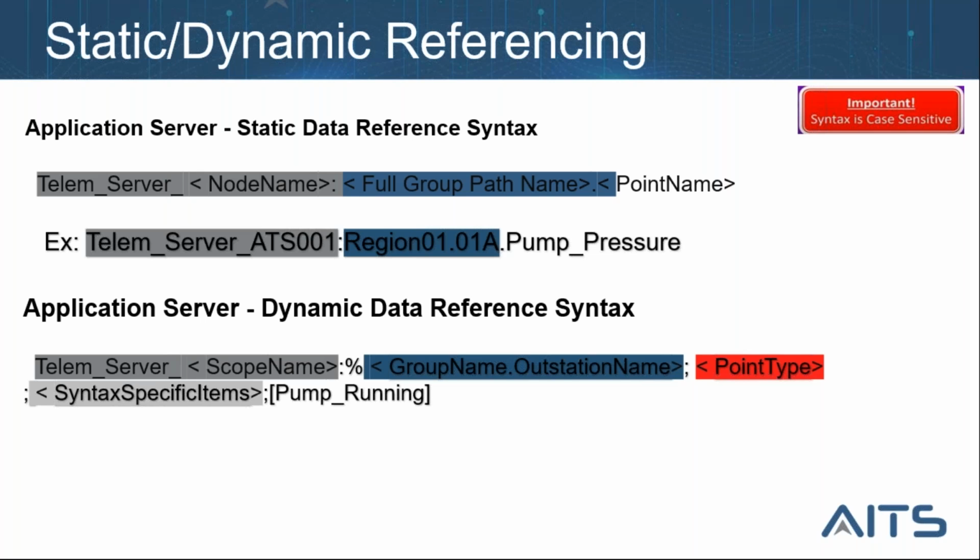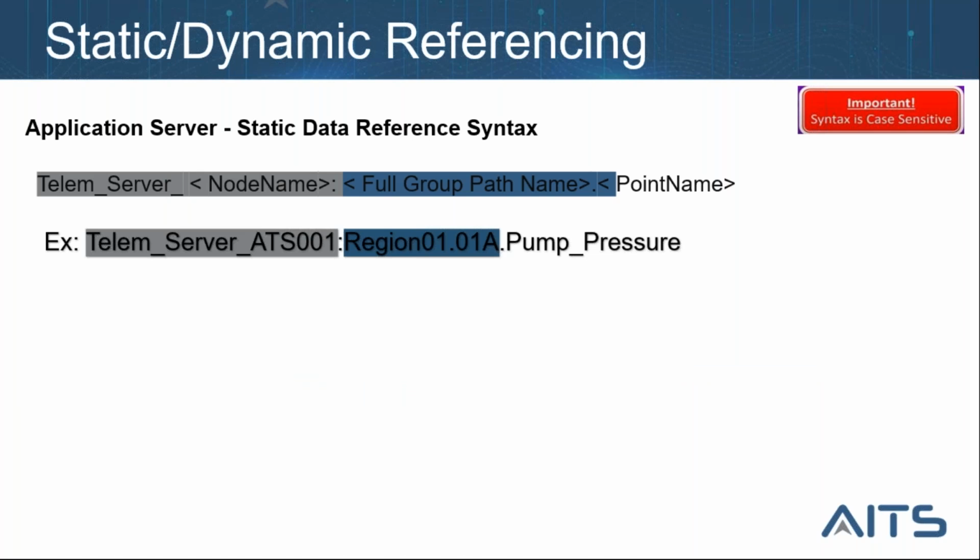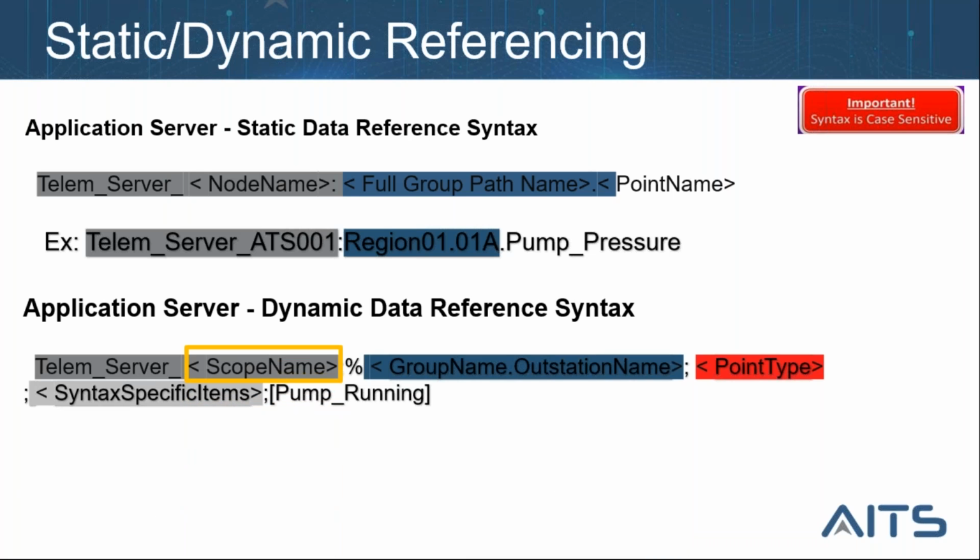Here, instead of the node name, we put the scope name, which is configured inside the platform communication services, the PSC, which we will be explaining later on during the demo when we discuss redundancy.